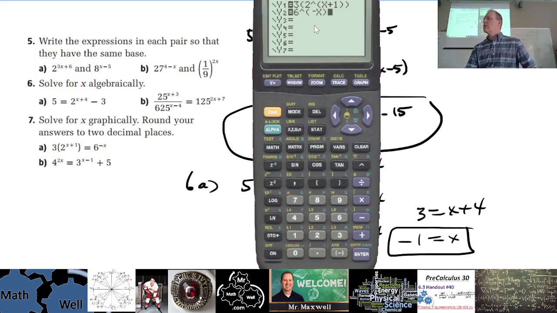Once you plug those 2 in, I don't know what your window would be, but if you just did zoom 6, probably a good chance it'd be close. And there we go. It looks like we have an intersection point right here.